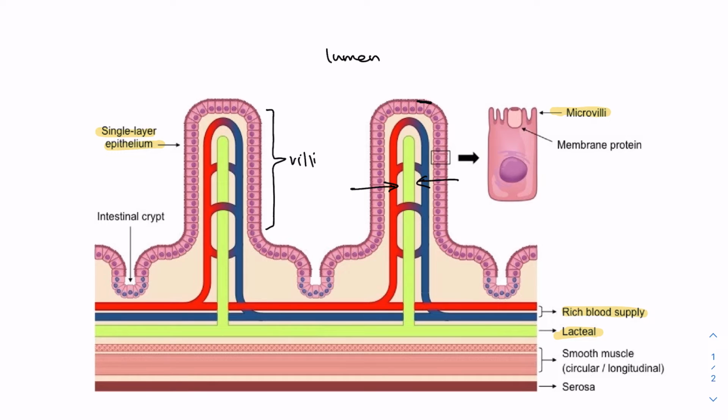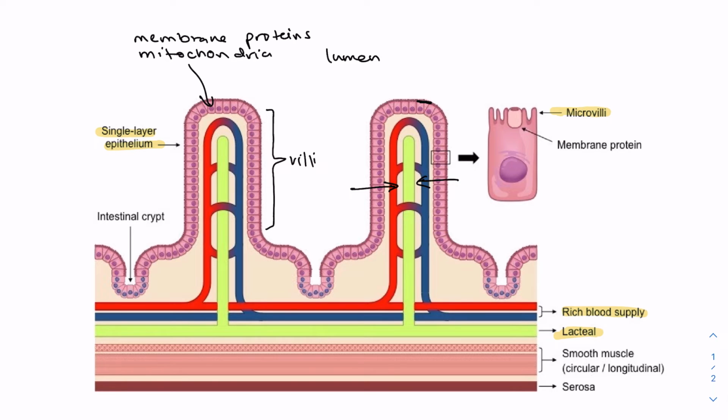So these epithelial cells also contain lots of membrane proteins to facilitate the various different types of transport of the digestive materials into the bloodstream. They also have lots of mitochondria, which respire aerobically to produce ATP energy for active transport of nutrients into the bloodstream.